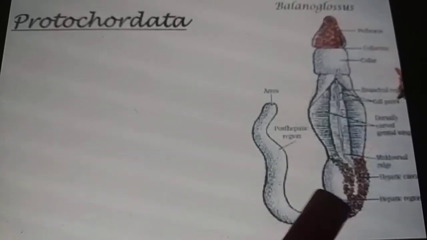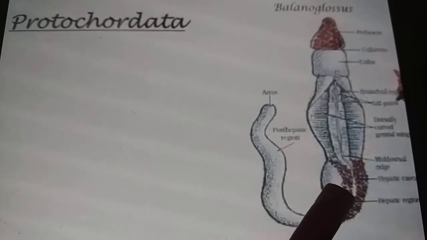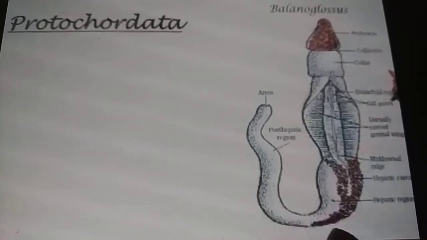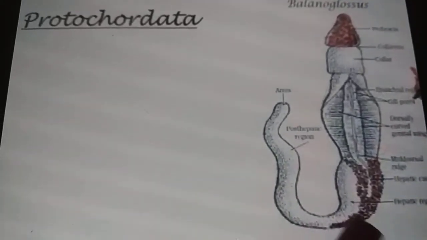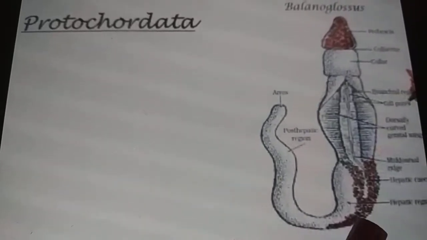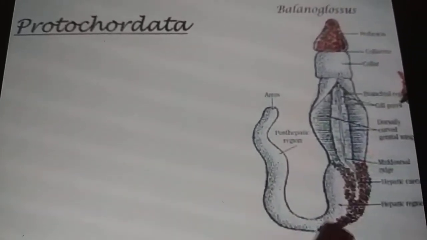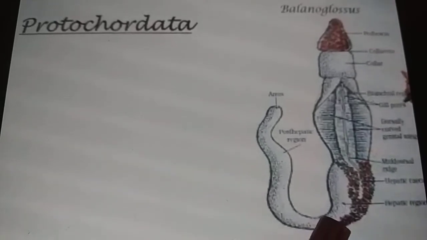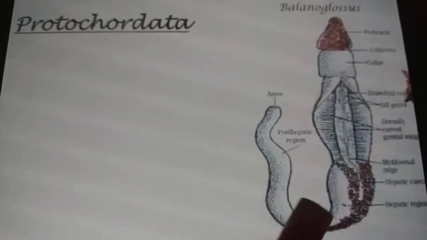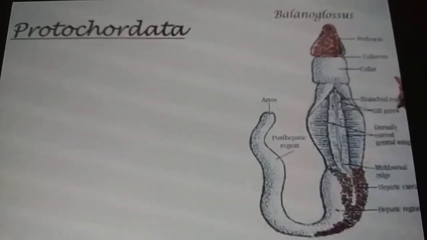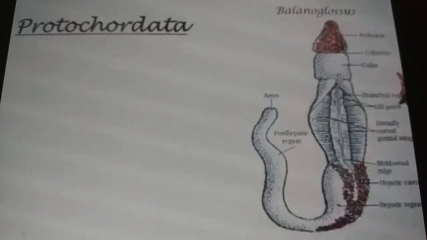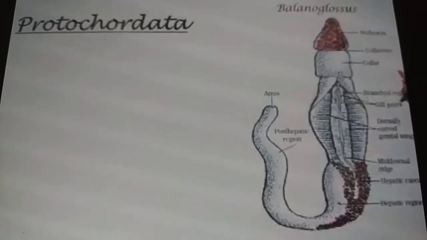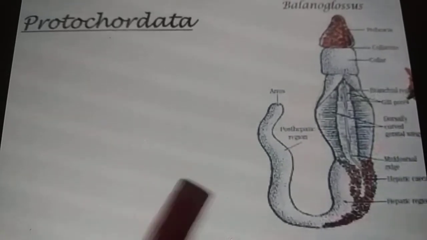So this is the first one. Therefore, it is known as Protochordata. The next ones are all chordata, where the notochord is present in the whole life. A new feature is coming in the animals, that is the notochord. Protochordata may not have a proper notochord present at all stages, meaning in the whole life it will not be there.